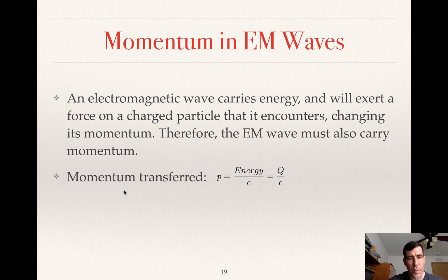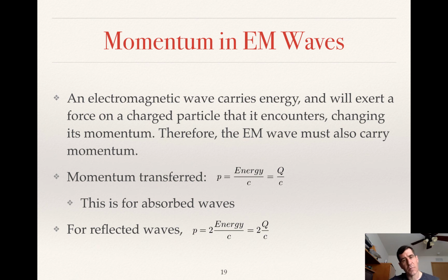So if we have a charged particle and it's hit by an electromagnetic wave, the momentum transferred, where little p here is the momentum, is the energy divided by the speed of light, or Q over c, where this capital Q is standing for energy now, and it doesn't have anything to do with electric charge anymore. And this is if your wave is absorbed by the charged particle.